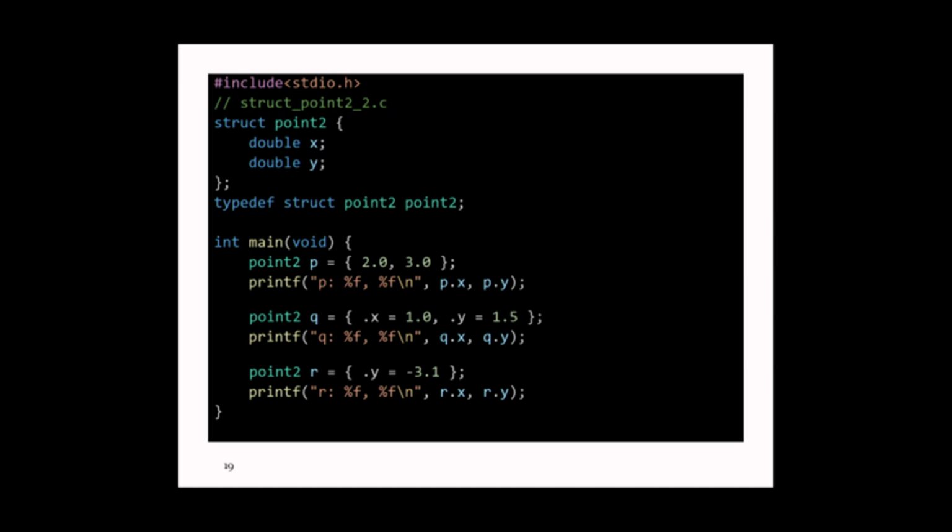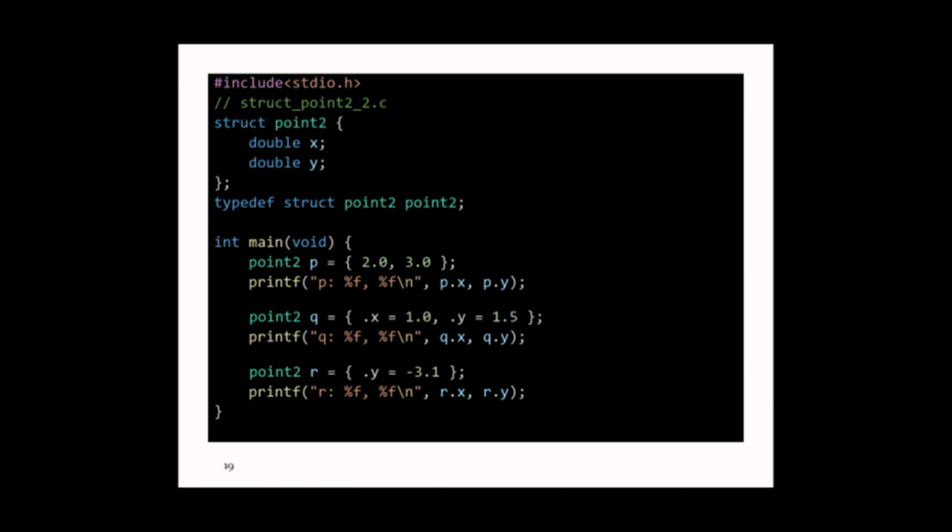If you want to say which value goes to which member, you can specify the name by writing dot and then the name of the member. So .x = 1 assigns 1 to x, and .y = 1.5 assigns 1.5 to y. More precisely, it goes to q.x and q.y, so when you print q.x and q.y here, you'll get 1.0 and 1.5.